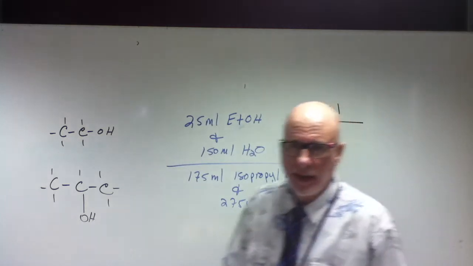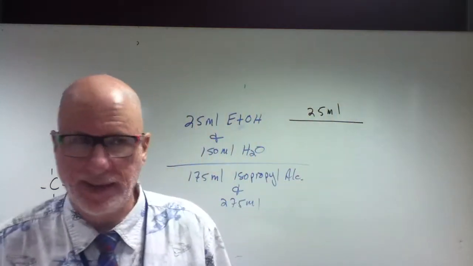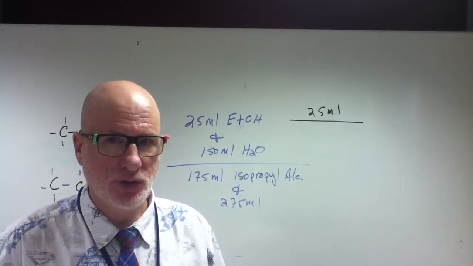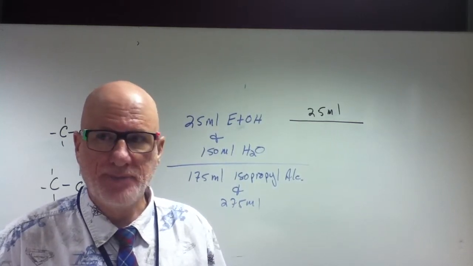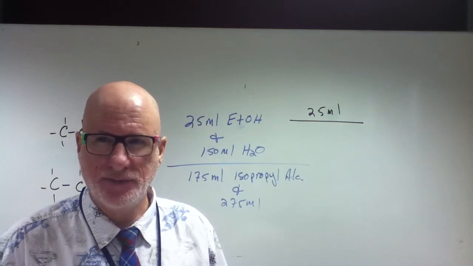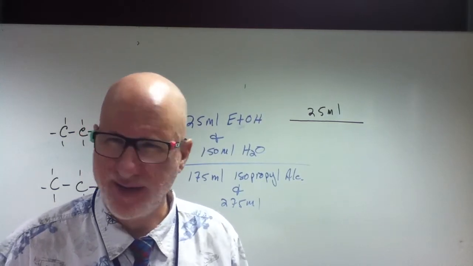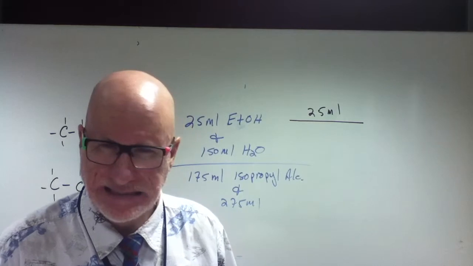So, where percent by mass will be the mass of the solute divided by the mass of the solution, percent by volume will be volume of solute over volume of solvent. Does that make any sense?